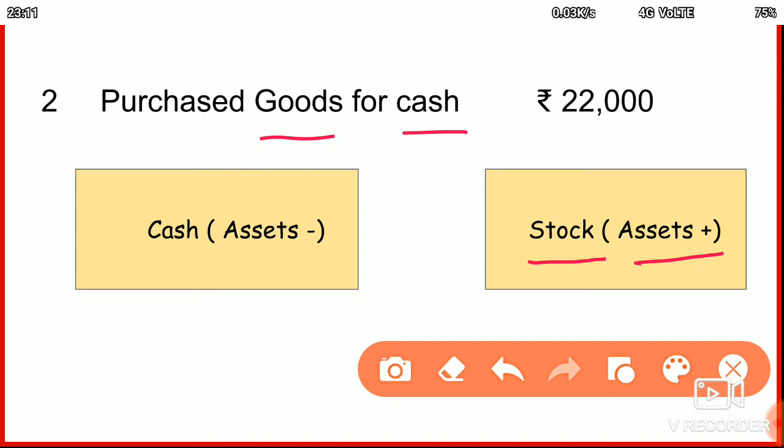So goods are coming into the business. So stock will increase, so assets are increasing. On the other hand, the other account that will get affected is the cash account. Cash is an asset. The business is paying cash, so cash is going out of the business. So this asset will decrease. So cash decreases and stock increases.